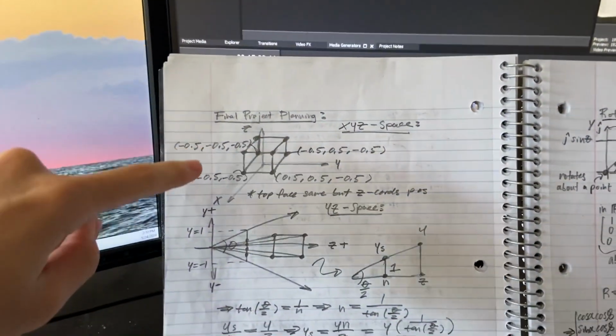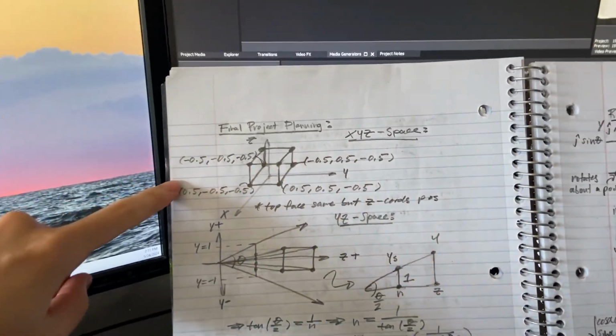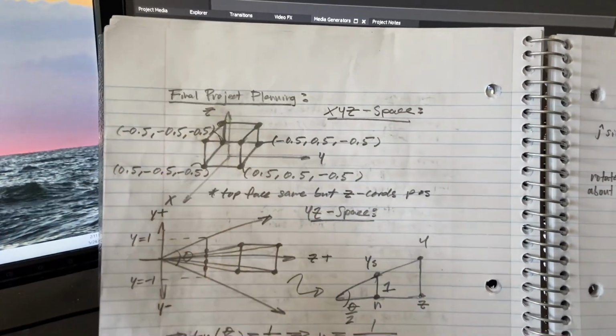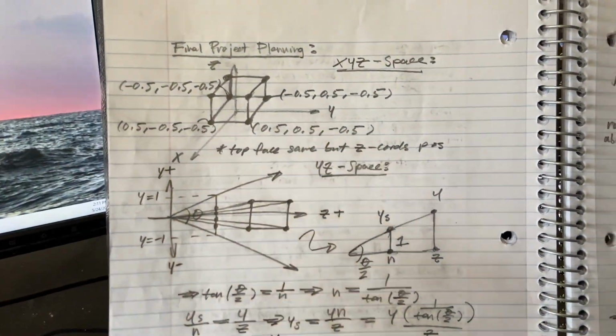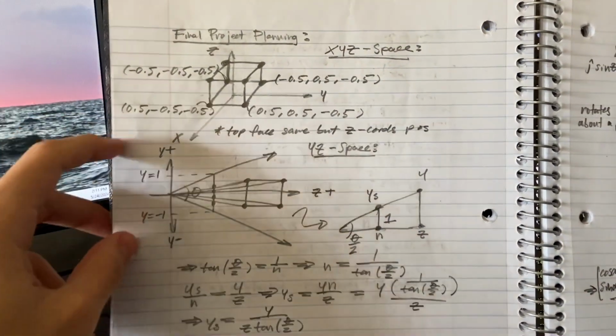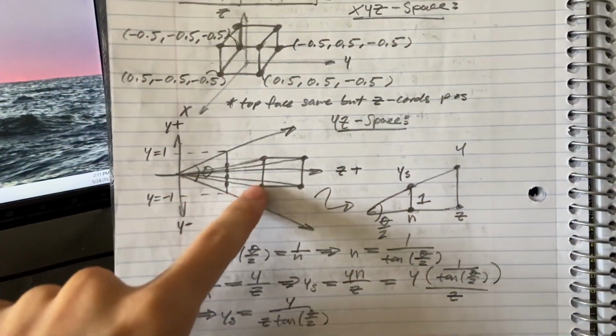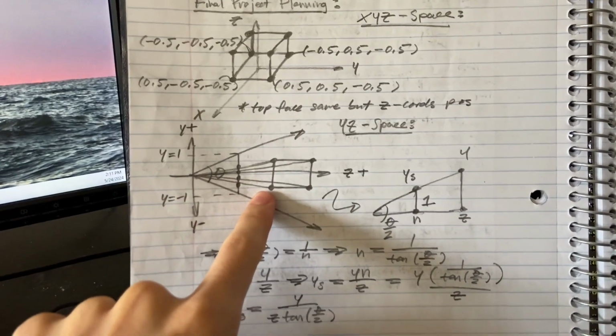So you have a cube here in XYZ space, alright? And that just has all the vertex positions. You can project that cube onto the YZ plane or onto the XZ plane, which means just pushing it in. So you end up with a square here.